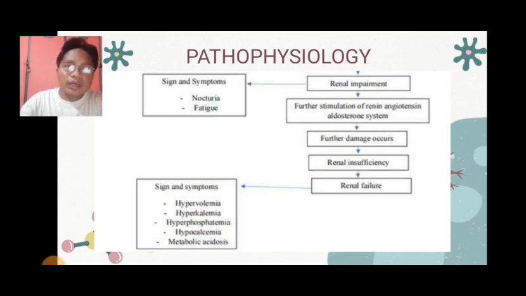And then, of course, renal insufficiency. Yung renal na natin, hindi na siya totally nagfa-function, namatay na siya. And then the renal failure. Pag renal failure na, makikita mo na yung mga symptoms: hypervolemia, hyperkalemia, hyperphosphatemia, at saka hypokalemia, at saka yung metabolic acidosis.